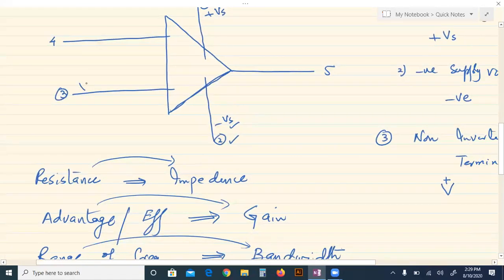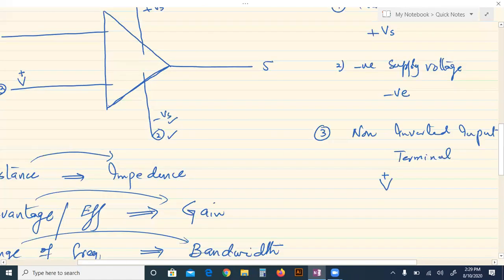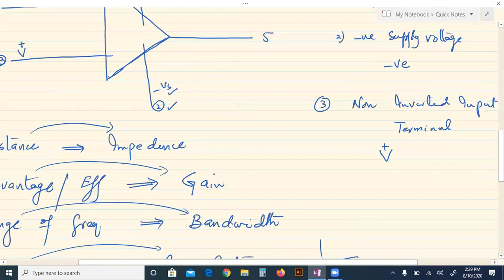Positive at the top of the V doesn't mean the positive voltage, just as simple. It can be positive, it can be negative, it can be DC or AC voltage, direct or alternating, it can be anyone, but it is the non-inverted input terminal.